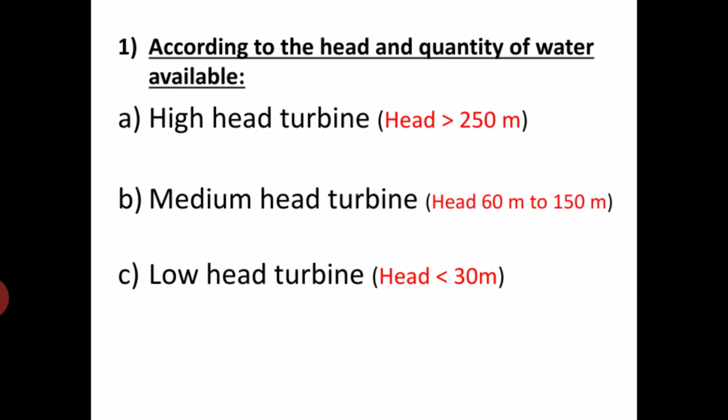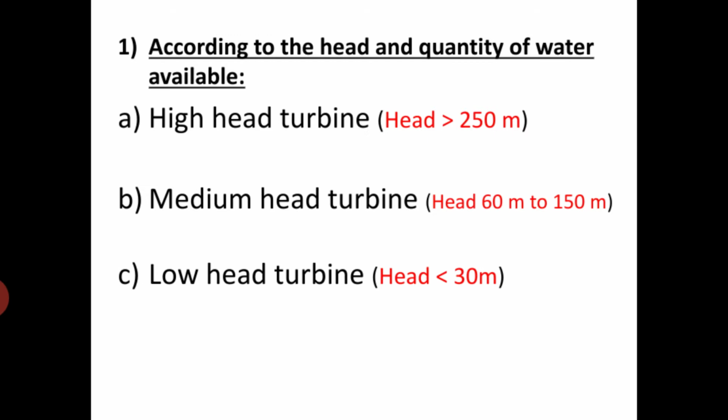Impulse turbines are generally classified as high head turbines. And turbines which are capable of working under medium heads, that is between 60 to 150 meters, are called medium head turbines. The quantity of water required for these turbines is relatively large. And modern Francis turbines are in general medium head turbines.